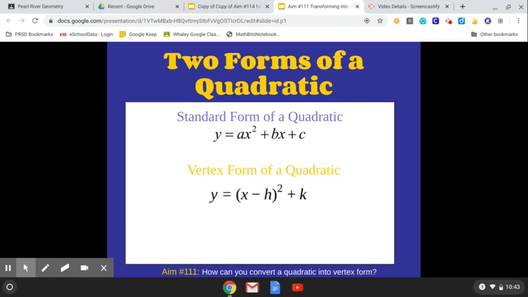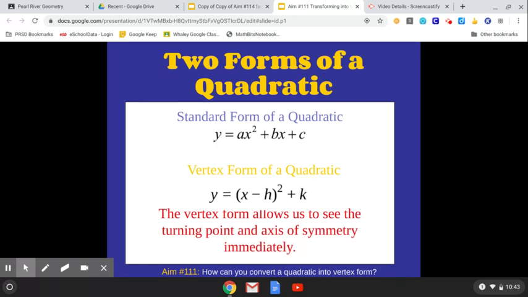And then we have our plus k. And we know that the h and the k make for our turning point, or our vertex, whatever you want to call it. So our goal today will be to take an equation written like this and write it like this. Transform it.